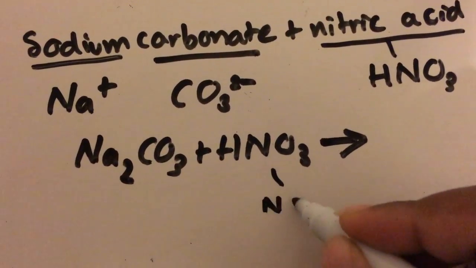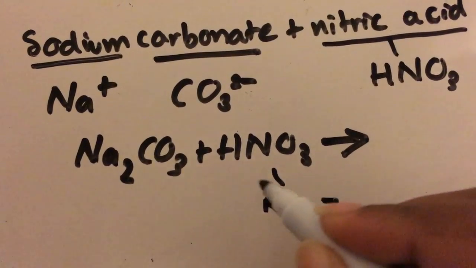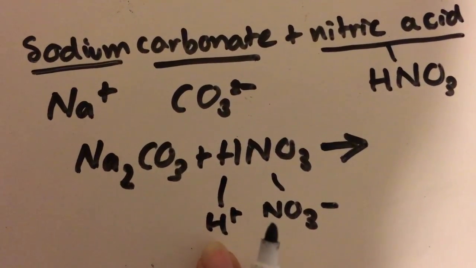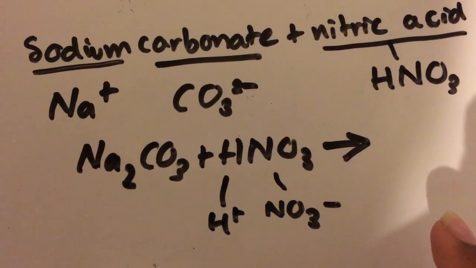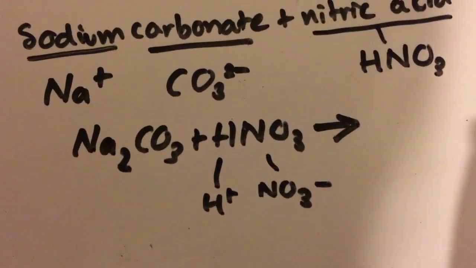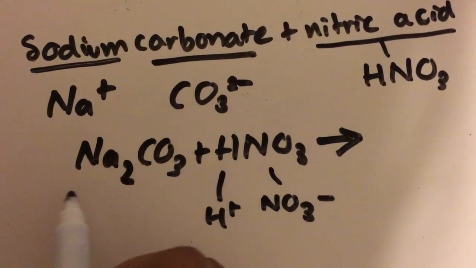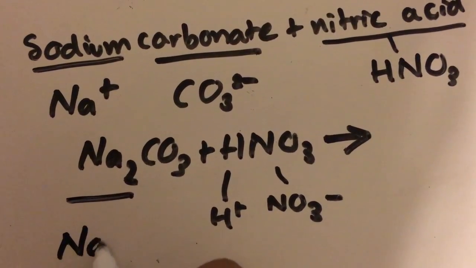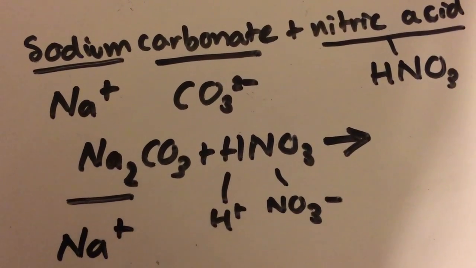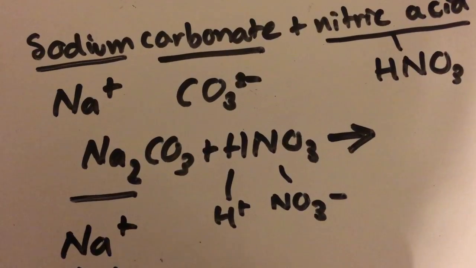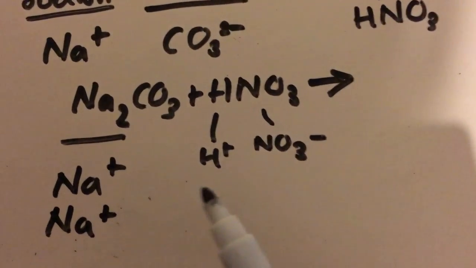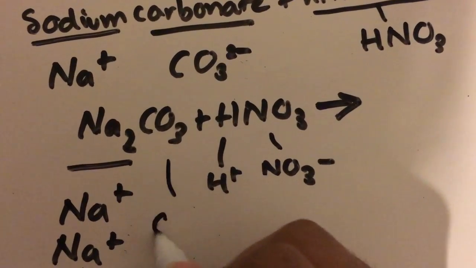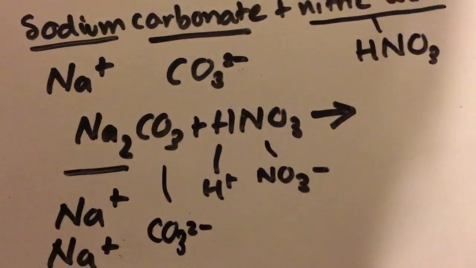We've got our NO3 minus and H plus, and remember, since it's H plus, then that means that NO3 must have a minus charge. And then we've got Na plus, and we've got 2 Na plus. Don't forget that. That is absolutely crucial that we've got 2 of them. And we've got a CO3 2-.